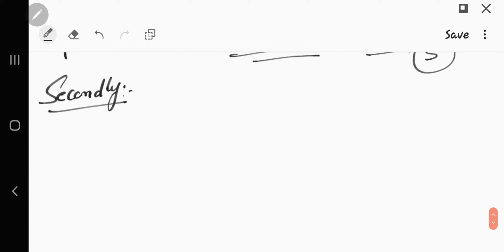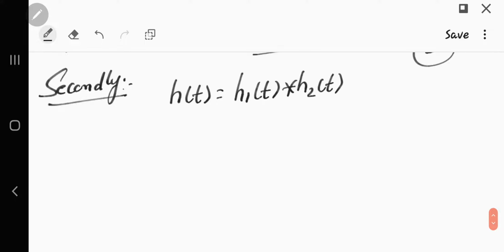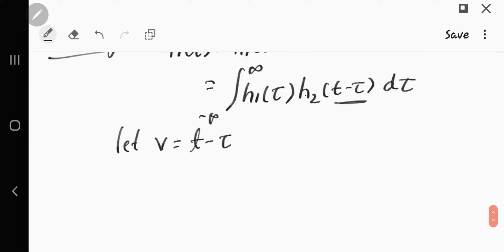if you continue further, for a cascade system, we wrote h of t is equal to h1 of t convolved with h2 of t. Now if you express this, the integral with tau varying from minus infinity to plus infinity, h1 of tau, h2 of t minus tau d tau. So let v is equal to t minus tau. I am replacing this tau with v.